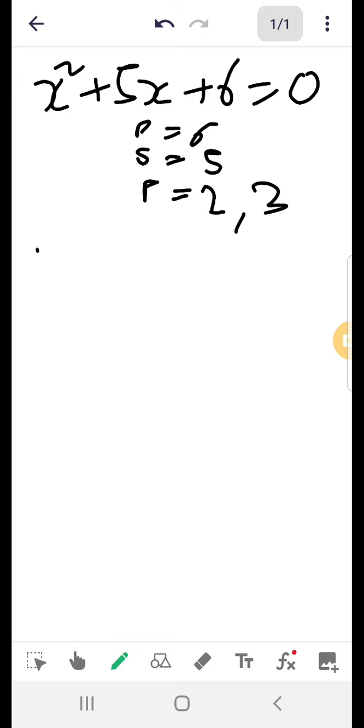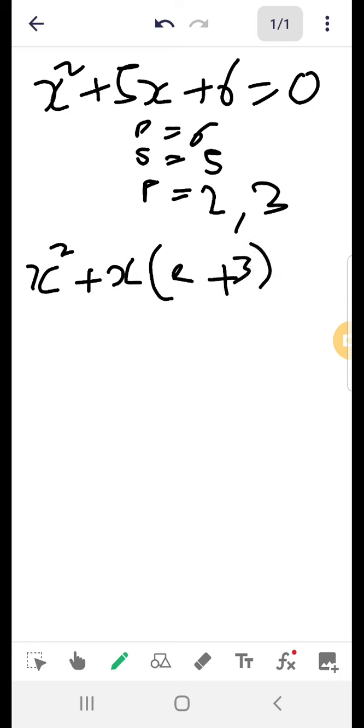You write x squared, oh, my x is very bad, I'm using my finger to write this. X squared plus x, you open the bracket and put the factors, which is 2 plus 3 in this case, then plus 6 equals 0.